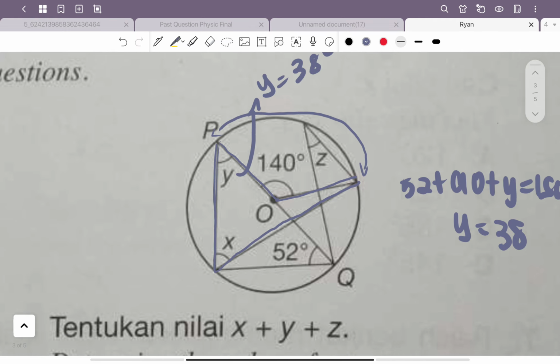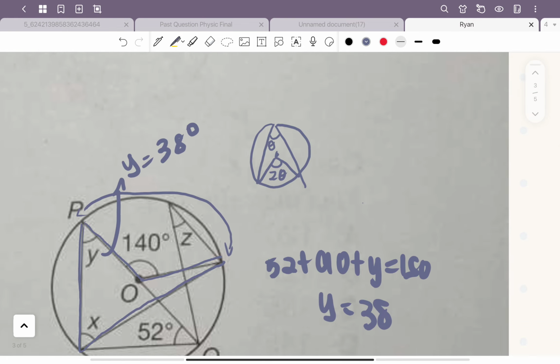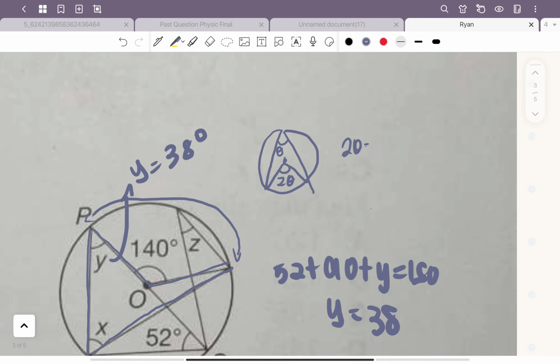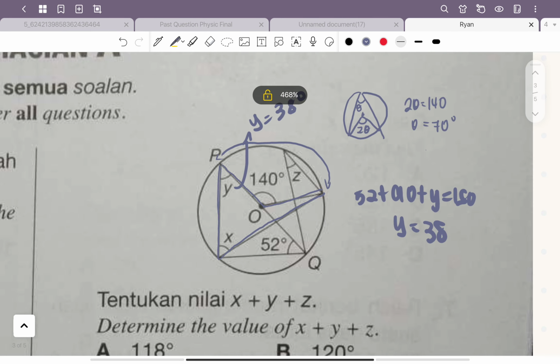So since they have the same minor arc, it uses your knowledge of math from chapter 6. If this is theta, here would be 2 theta then. So if 2 theta equals 140, theta supposedly is 70. Okay, so find your value of x.